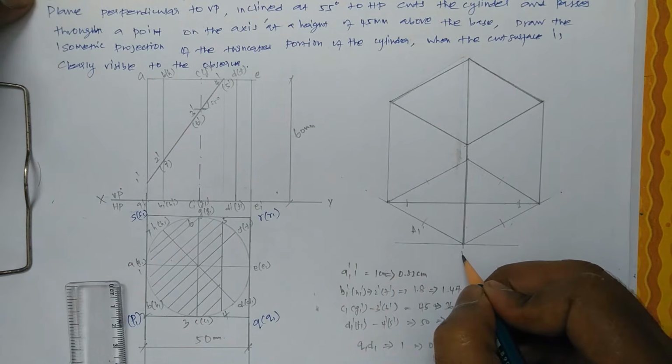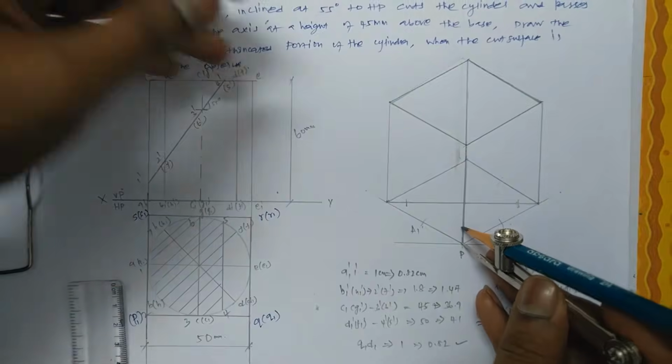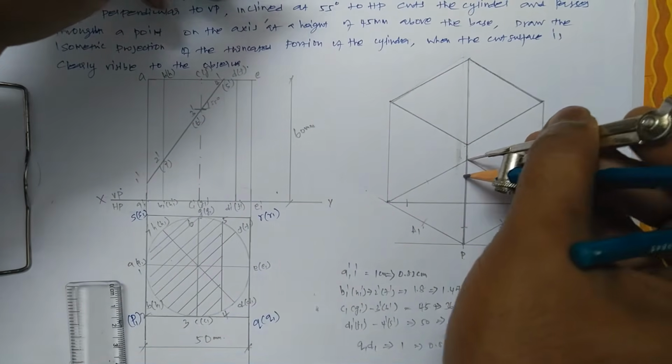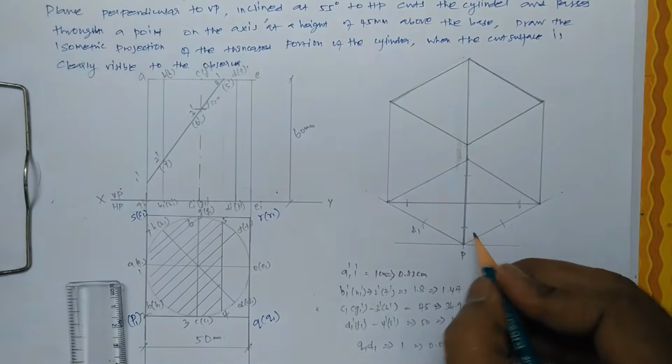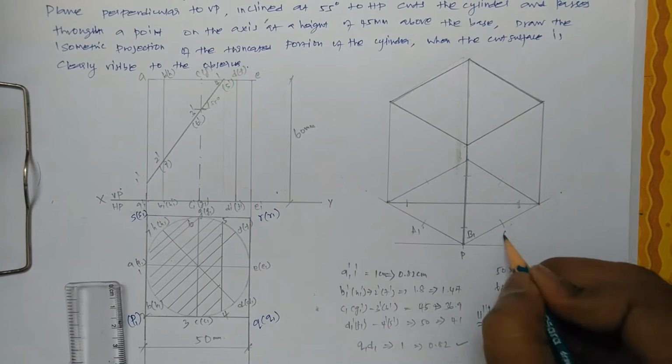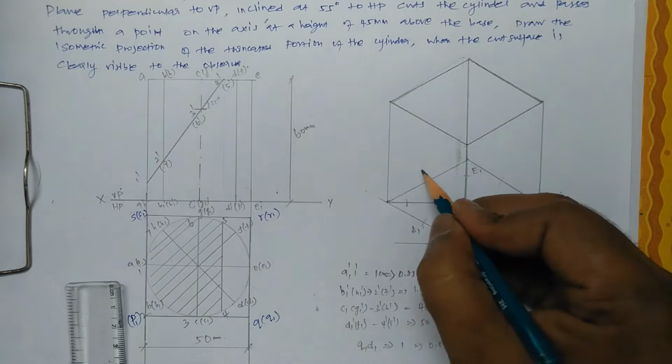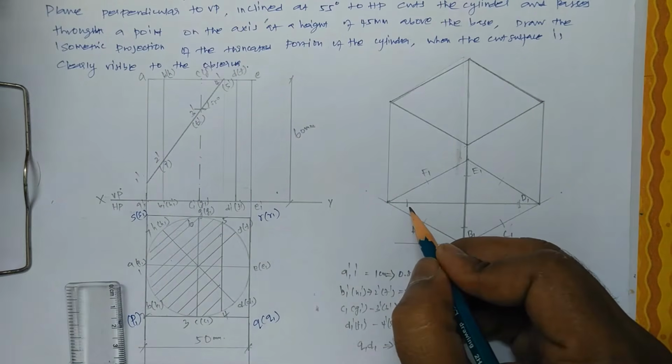A1. No, this is not B. B is supposed to enter. This is P, and B is from P to R. There is B. Similarly, from R you can identify F. B1, C1, D1, E1. Sorry, E1 is here.